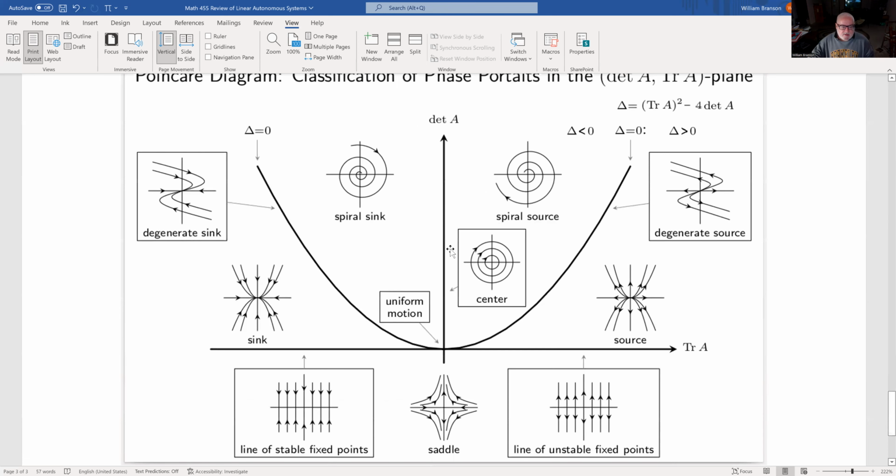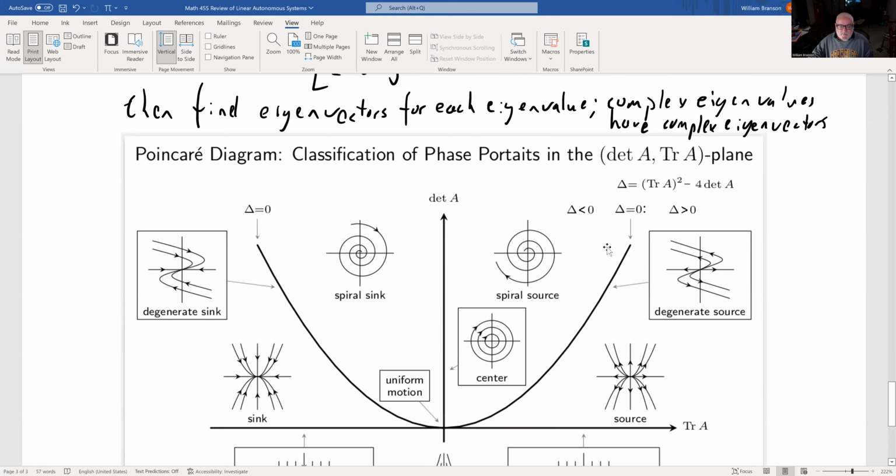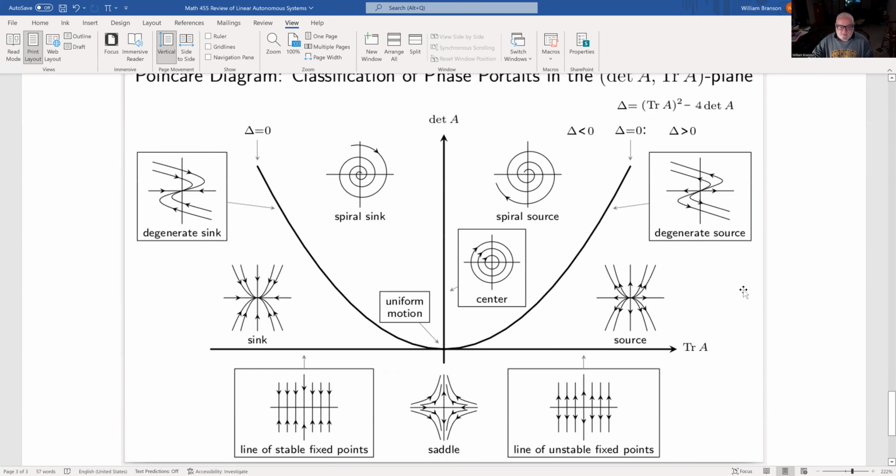But there's something called the Poincaré diagram, which is this thing, classification of phase portraits in the determinant-trace plane. So here's the trace of our matrix. Here's the determinant. The discriminant is b squared minus 4ac. It's the thing inside the square root of the quadratic formula.